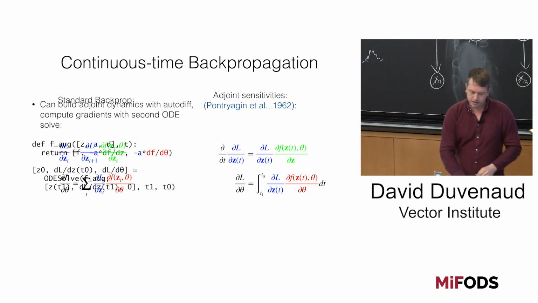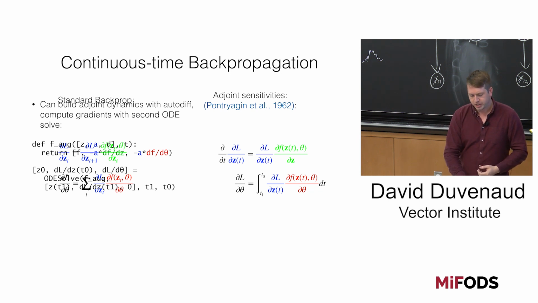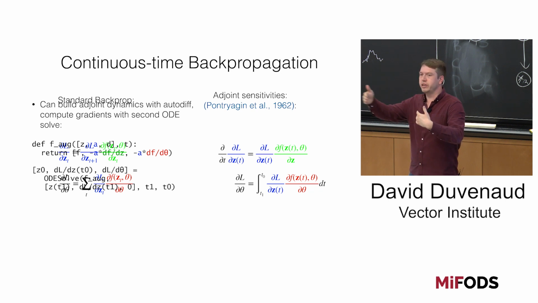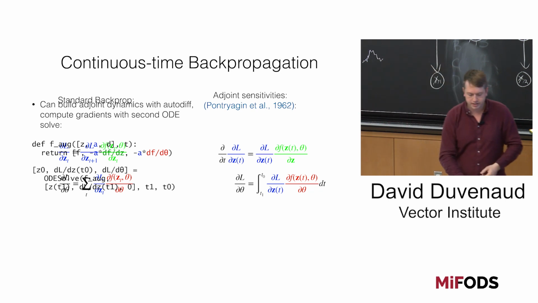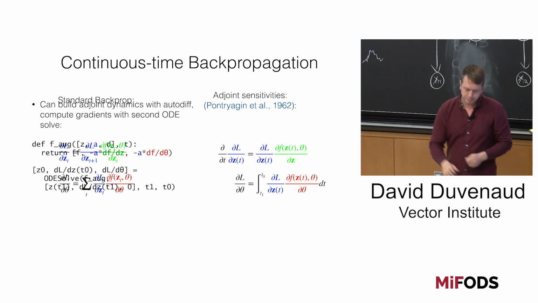It turns out that in retrospect it's pretty straightforward to derive the continuous time analog of backpropagation. So these are the update rules if I have Euler integration of an ODE or a residual network or something like that. I have to ask, how does the loss depend on, or how does every layer depend on its input, and how does every layer depend on the parameters, and then just chain all these Jacobians together.